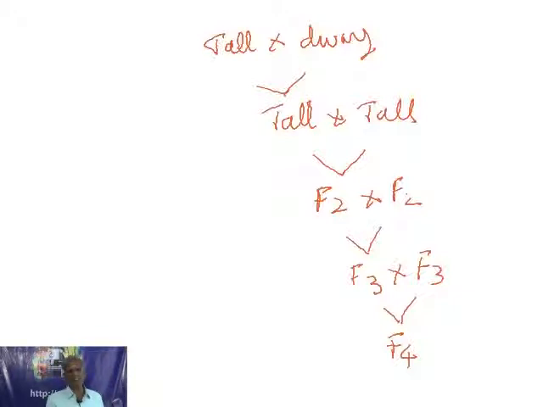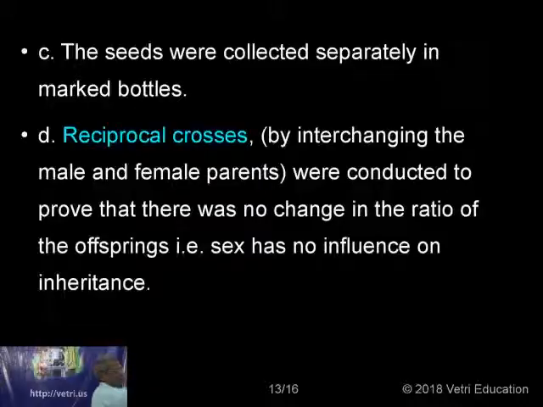All these things proved beyond any doubt what Mendel suspected. He thought that factors are responsible for the transmission of the character, and to prove that he had to do all these things. So this is about the reciprocal cross.